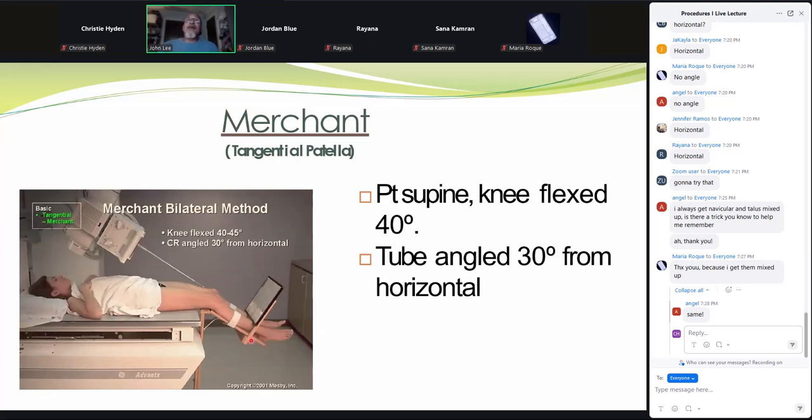This requires a special holder so that the IR can rest on it against the lower leg, and we shoot tangential. Knees are going to be flexed 40 to 45 degrees and from horizontal. So we'll set it up to shoot horizontally and then drop it 30 degrees that way, 30 degrees down.